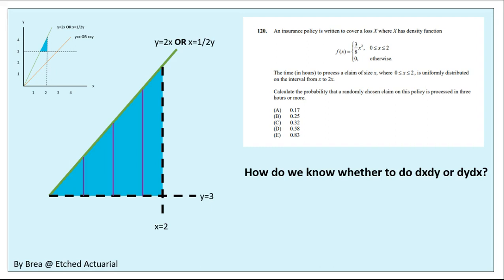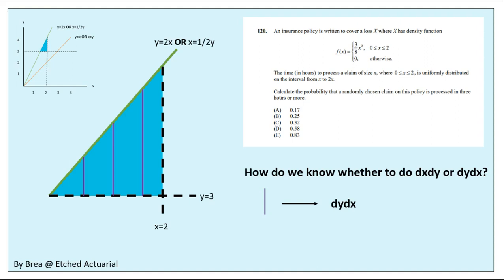I know I'm being repetitive, but it's very important to understand that the top endpoints of these purple lines are all touching the line y equals 2x, the green diagonal line, and the bottom endpoints of those purple lines are all touching the line y equals 3. So when this is the case, that tells me that we should do dy dx.